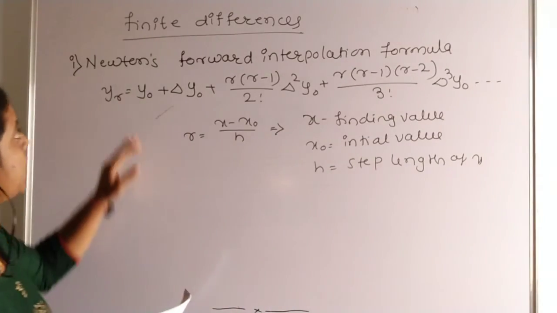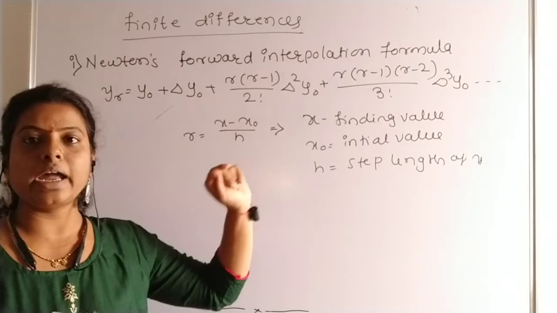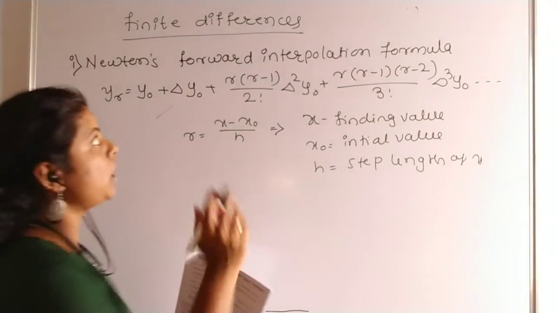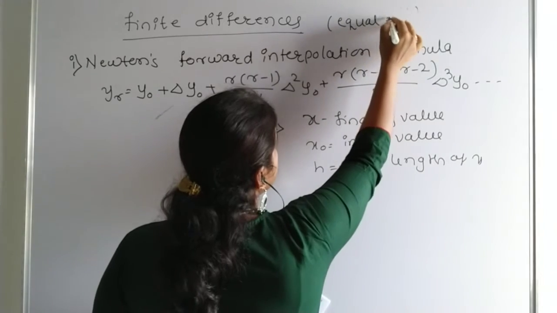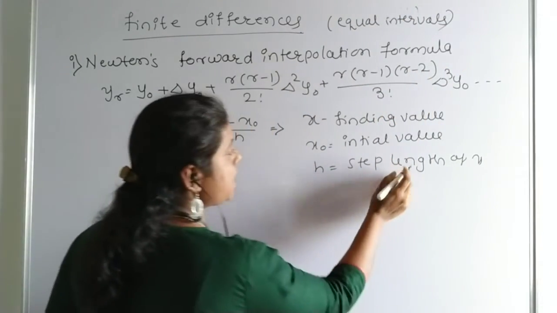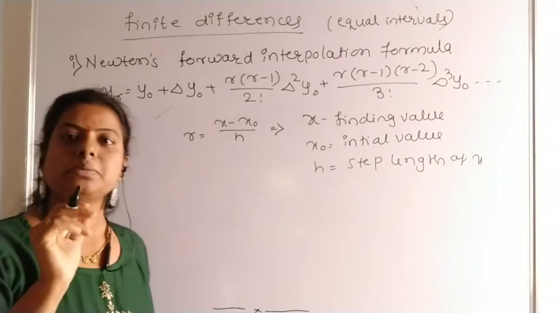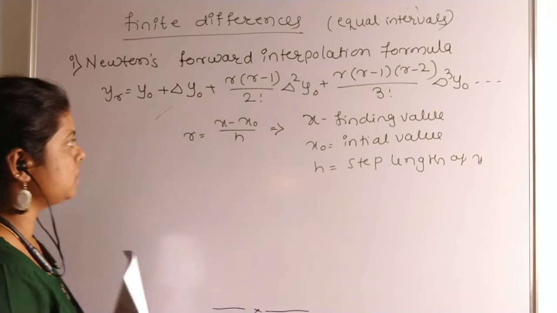Here we apply Newton's forward and backward interpolation formulas for equal intervals, which means the step size of each x must be the same. The h must be the same for all the x terms.